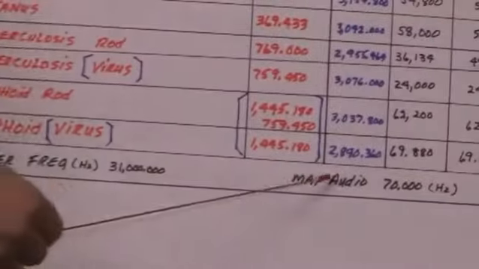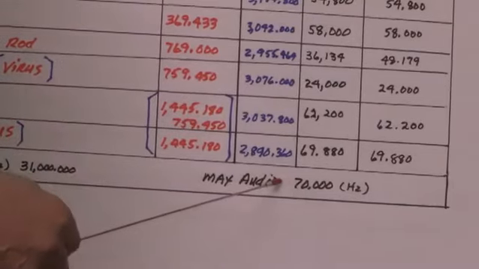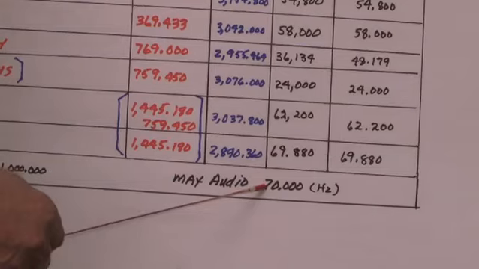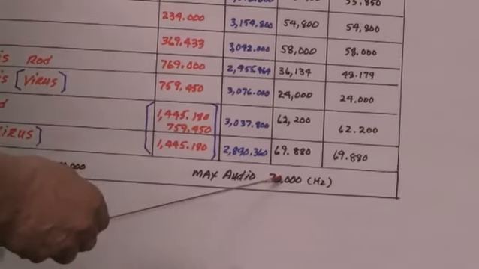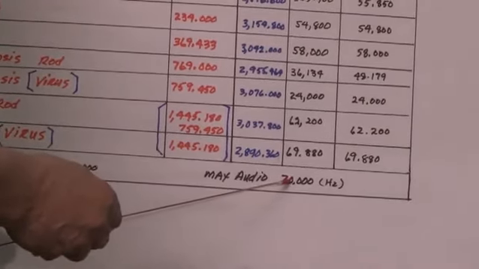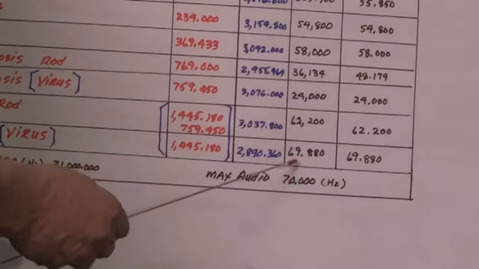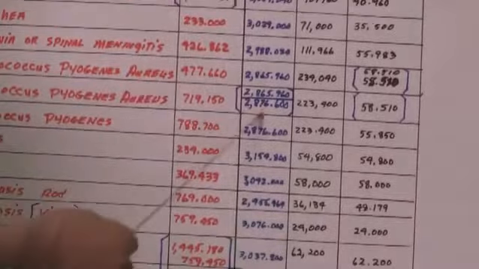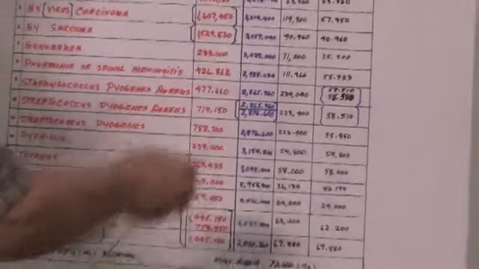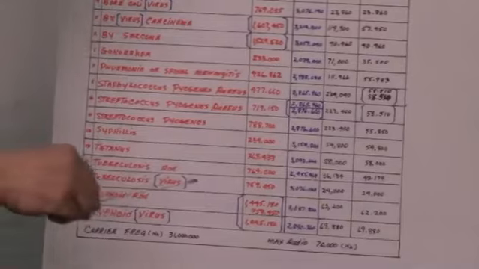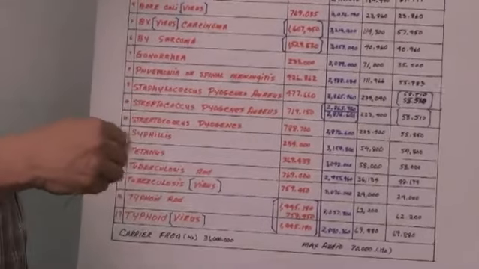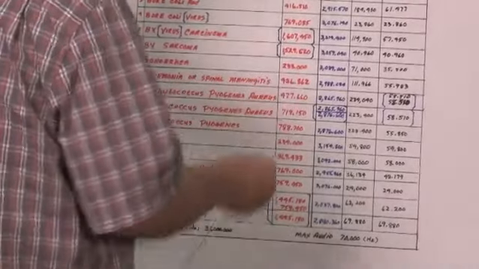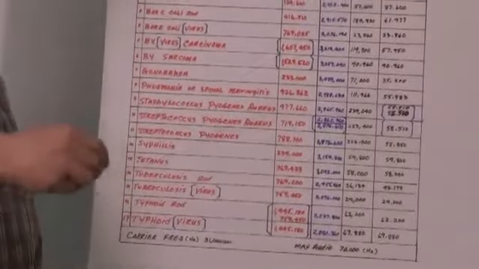And so the max audio frequency that I'm going to run to is between 10,000 and 70,000. So when you put 70,000 into the sideband calculator, which is going to print out a paper, it's going to tell me exactly what these frequencies are that I need to do my sweep in. So that's all part of the little paper. Which paper? Well, it's in the little paper that's in the booklet.